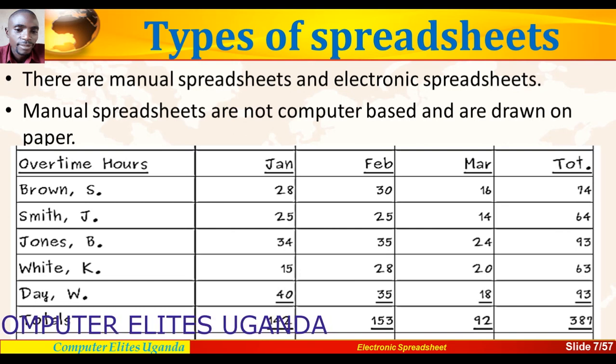It is just a matter of drawing or writing information on a piece of paper, the way you see information presented on paper. So manual is not by use of computers. Electronic spreadsheet is when we use computers to deal with the information in a spreadsheet.